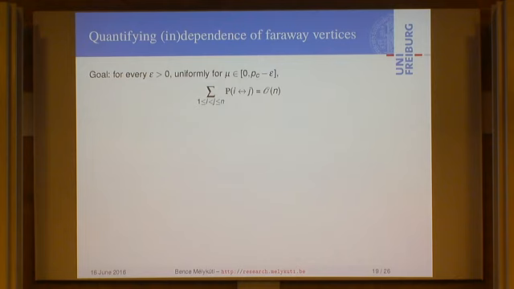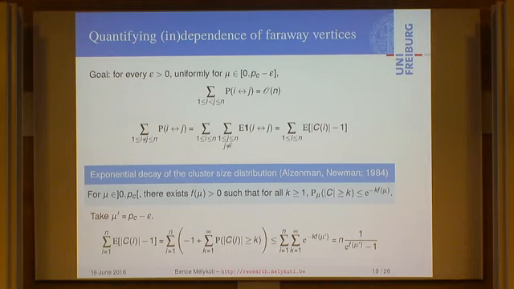Fortunately, as it was pointed out to me on Friday, you can prove this for the entire subcritical regime by using this theorem, which says that the probability that you see a cluster which has at least k elements is decreasing as an exponential function. And that means that this sum is just upper bounded, or majorized, by a sum of a geometric progression. And so this is actually a constant times n. And so this proves the statement.